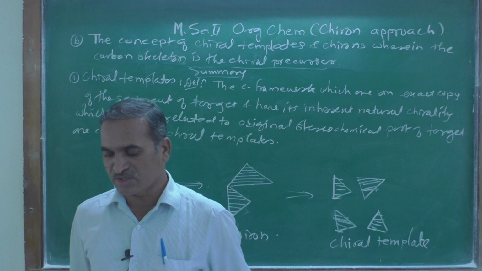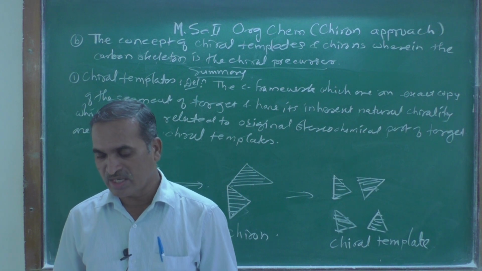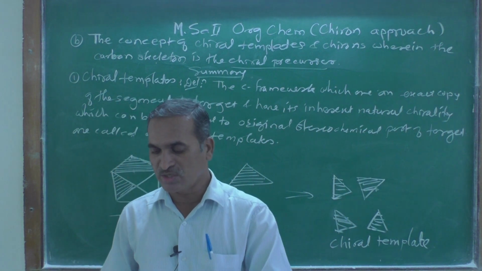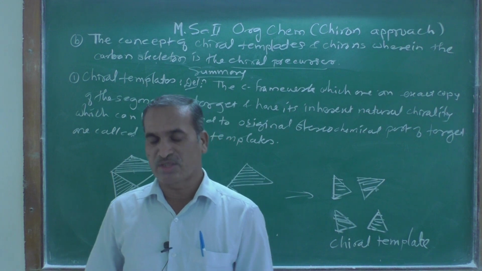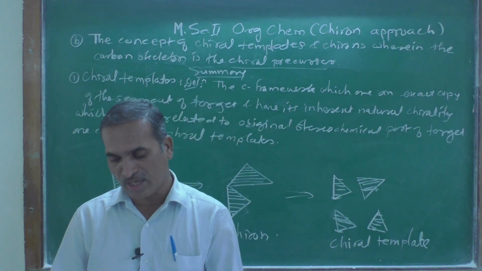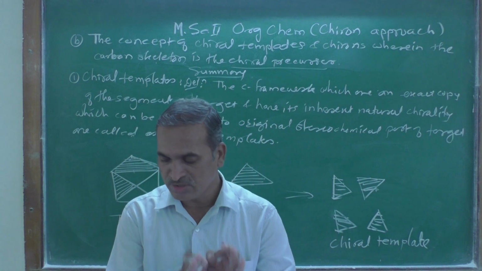The chiral precursor as starting material is an active intermediate, which can be easily used for synthesis of different target molecules having chiral centers.